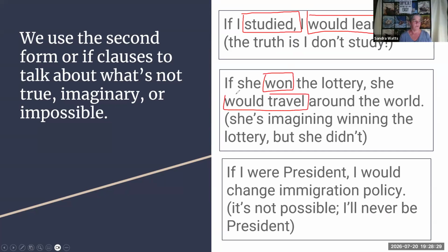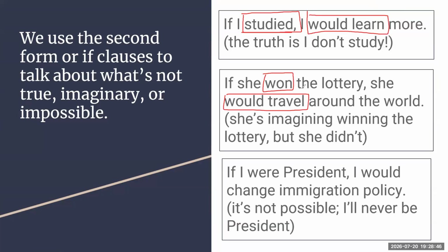Not quite. Almost there. If I studied, what tense is that? What kind of verb is that? Past. Studied. It's past.